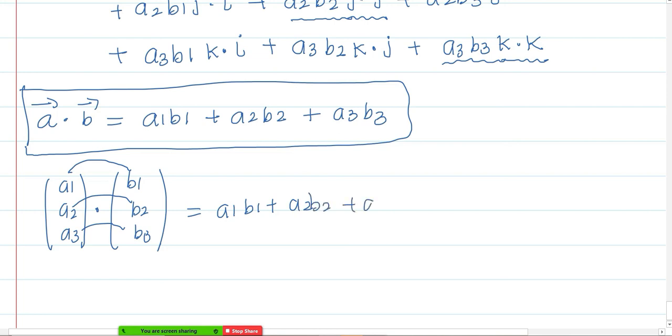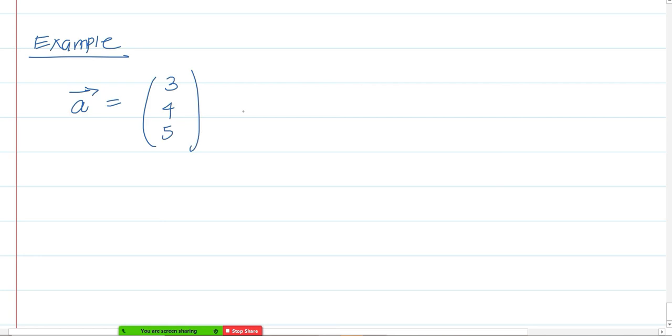Okay, let's practice with an example. Let A vector be 3, 4, 5 and B vector be -2, 5, 3. Find the dot product of two vectors.